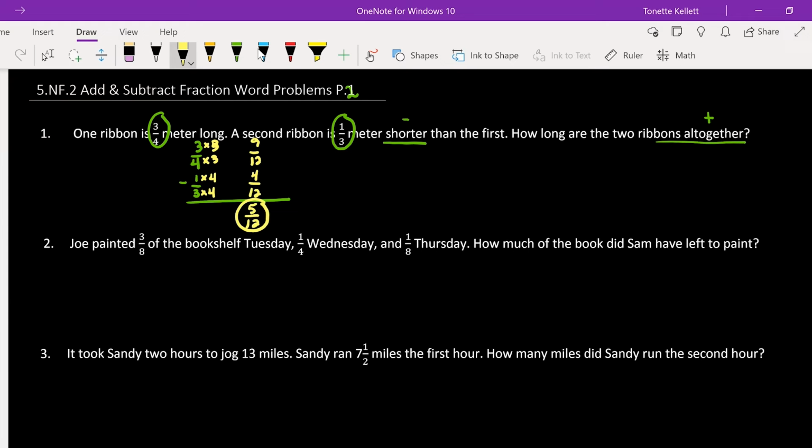So the second ribbon is 5/12. The first ribbon is, let's see, 9/12. How long are the two ribbons all together? 3/4 is 9/12.